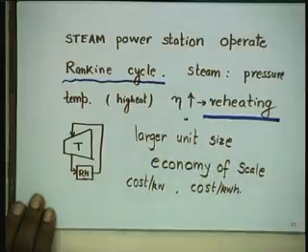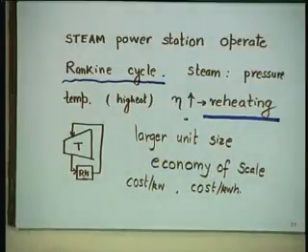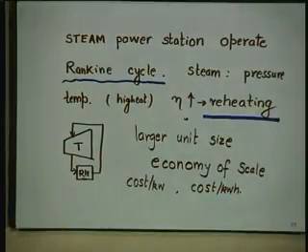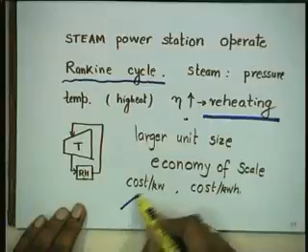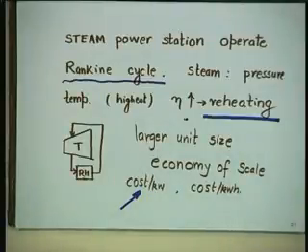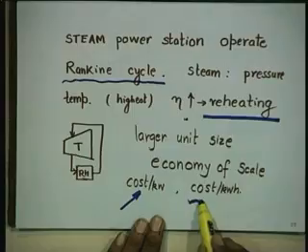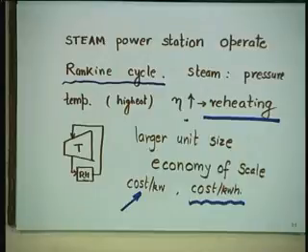The larger the size of the unit, the better it is. Why? That is called economy of scale. As I told you earlier, rather than having two 40 watt bulbs, it is better to have one 100 watt bulb. It is cheaper and it gives you more or less the same lumens. Cost per kilowatt decreases if you move from a 100 megawatt unit to a 500 megawatt unit. Similarly, cost per kilowatt hour also gets reduced when you go from a 100 megawatt to a 500 megawatt unit.